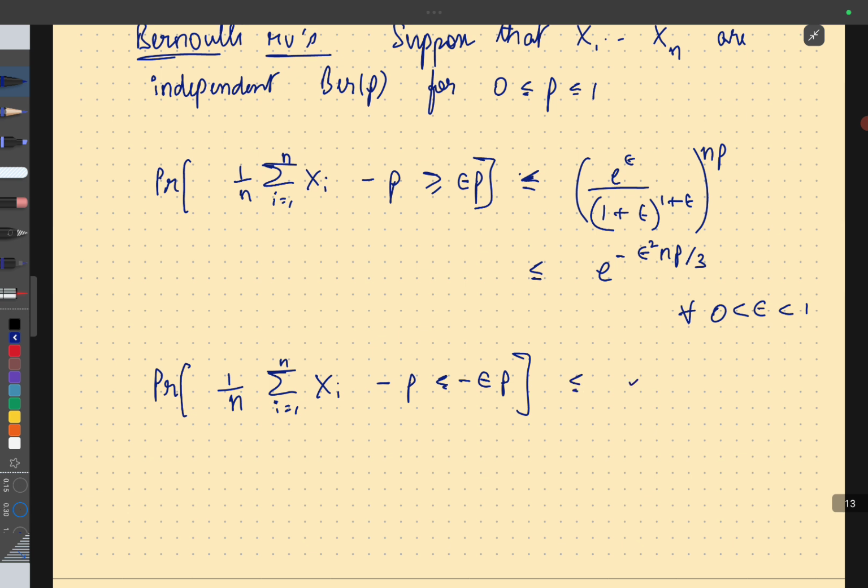This is also less than or equal to e to the power minus epsilon square np by 3. All right. We'll not prove this right now. It's essentially just manipulation of parameters and just some simple calculus. The lecture notes contain a sketch of how you would derive these particular bounds.